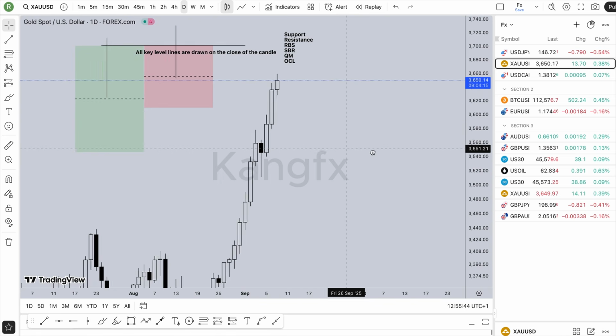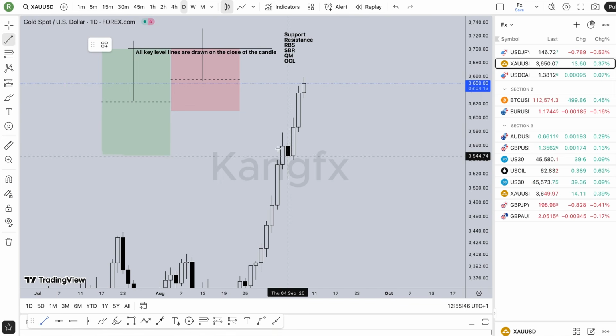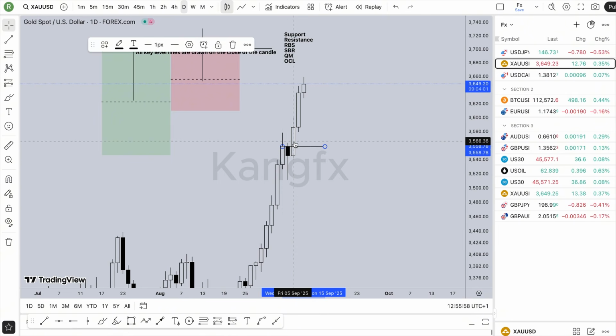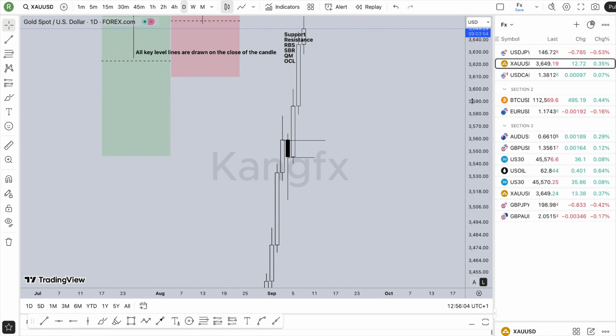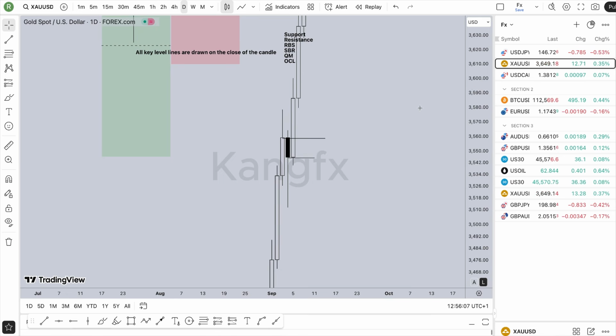This is a daily chart, and this area was a resistance before. The market broke through it, now it is RBS. We also have this area which is a support here. It doesn't matter the number of pullback candles, just two candles with opposite color qualifies to be a support and resistance.